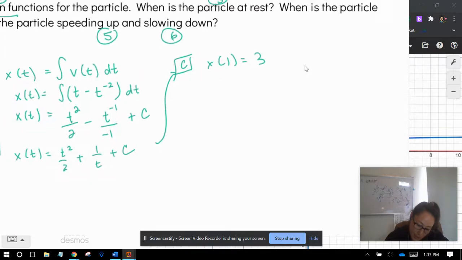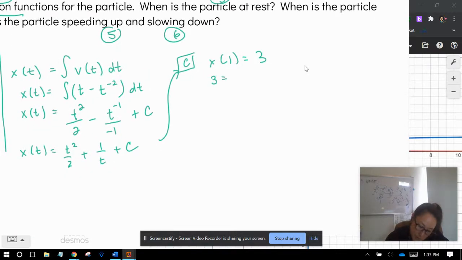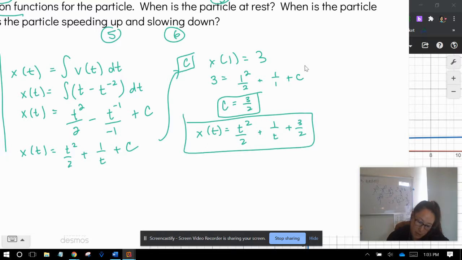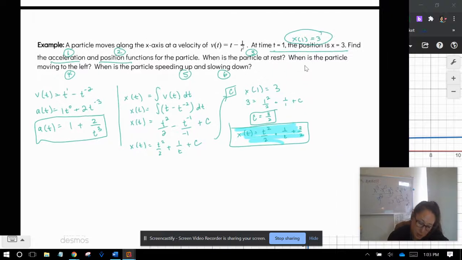So I'm going to go ahead and plug it in. 3 is equal to 1 squared over 2 plus 1 over 1 plus c. So c is going to equal 3 halves. So x of t is equal to t squared over 2 plus 1 over t plus 3 halves. I think I better highlight these. There's number 2. There's number 1.